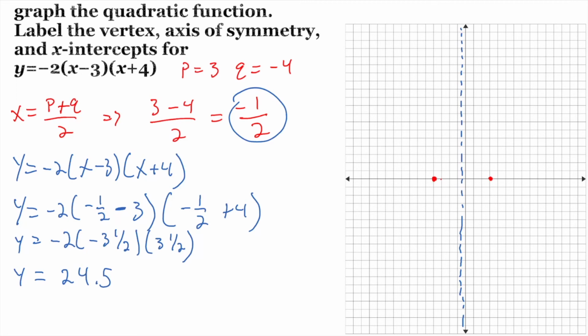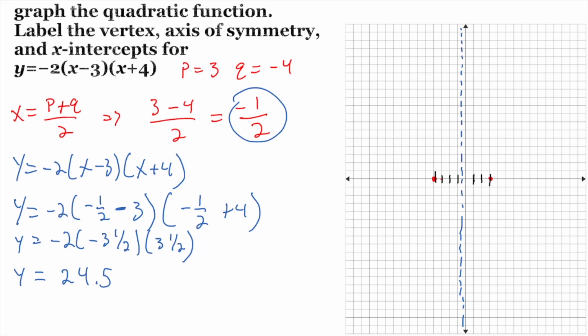Now I chose this because a lot of times you notice that you don't have 25 lines, and so we have to adjust the scale. Notice how on my x-axis I'm counting by ones: 1, 2, 3, 4. However, that's not going to work on the y-axis because I need to go up to 24.5 or 25.